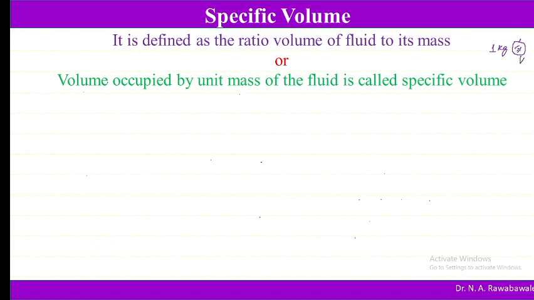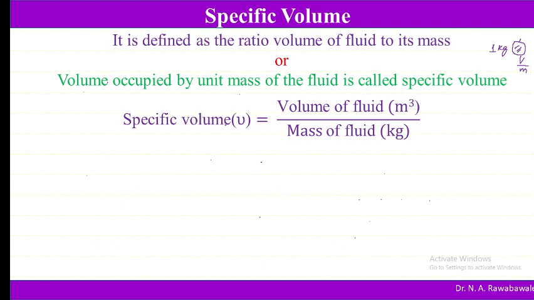We know the volume of this container, so volume divided by mass, V divided by M, is nothing but the specific volume. This specific volume is represented by small v, that is volume of fluid to mass of fluid, and the unit is meter cube per kg. So this is nothing but the specific volume of a fluid.